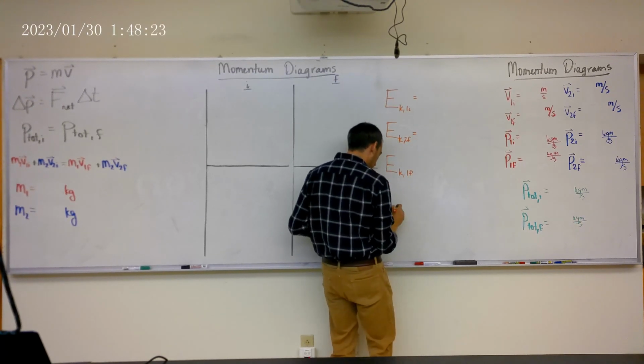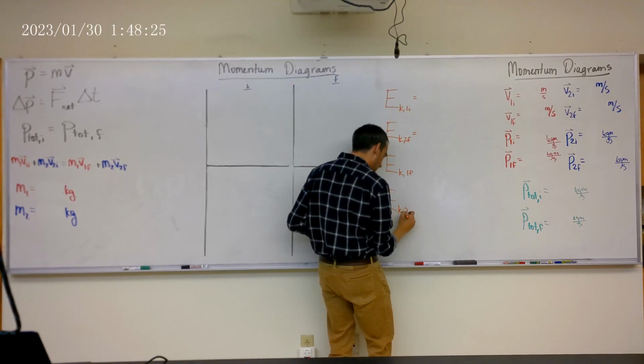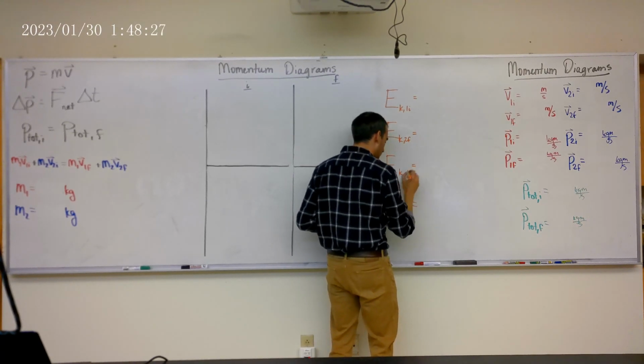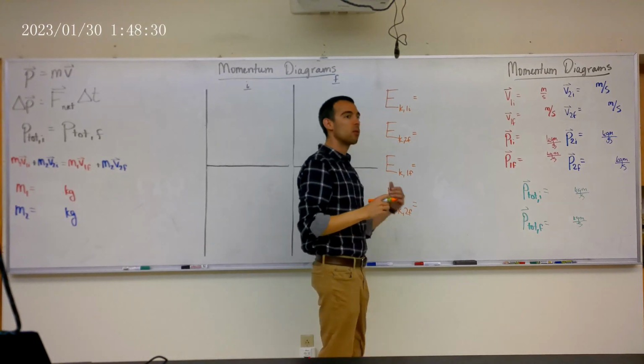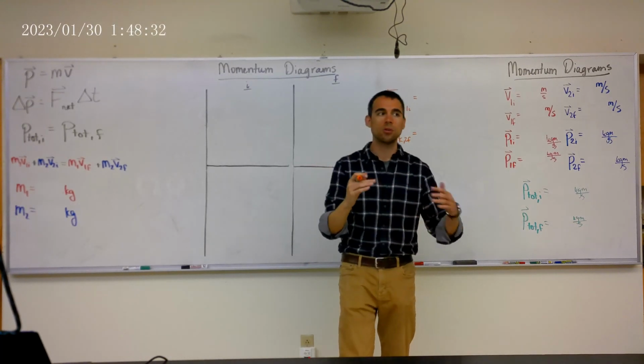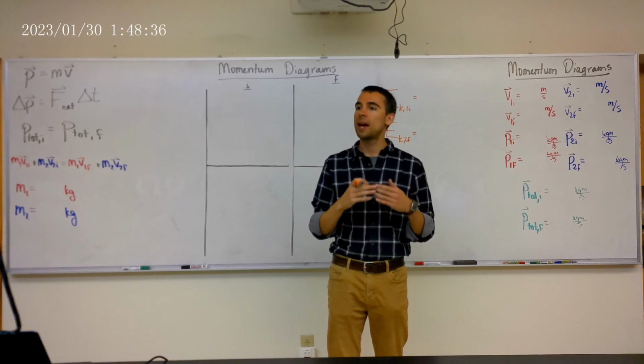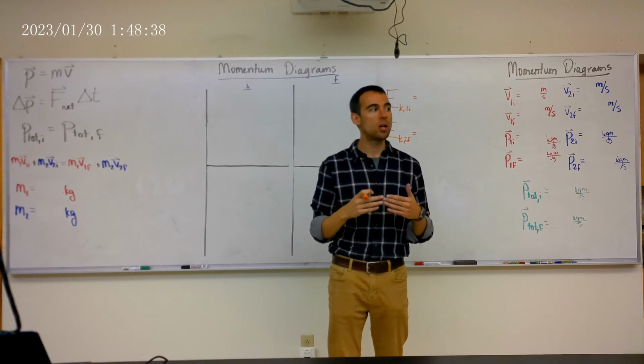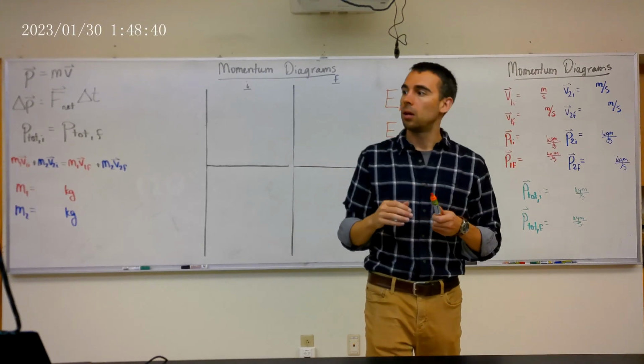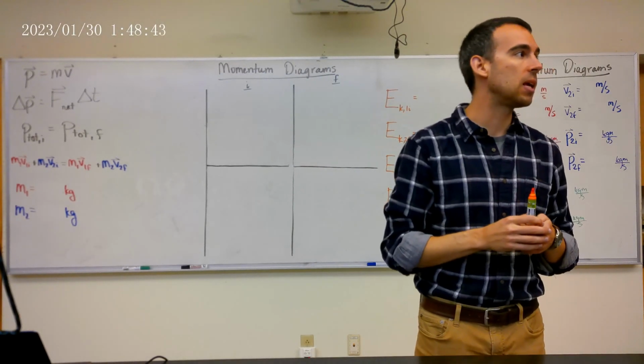And I want you to calculate the final kinetic energy for the second object as well. Since these objects are moving, they're not changing their height, and there's no spring, the only energy that we have here is kinetic energy. And in an elastic collision, these should have the same total kinetic energy in the beginning and the end.